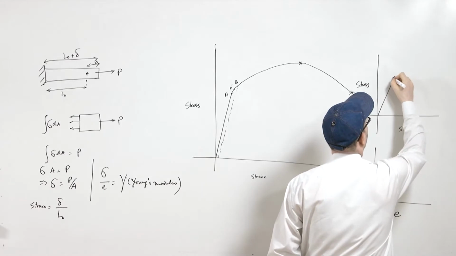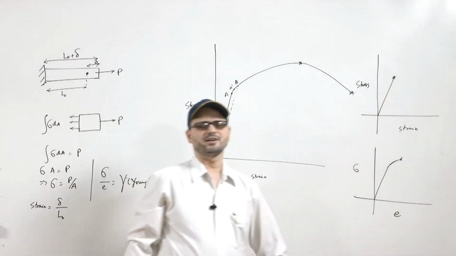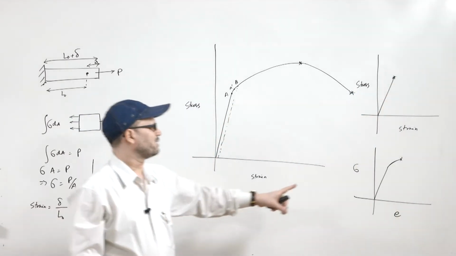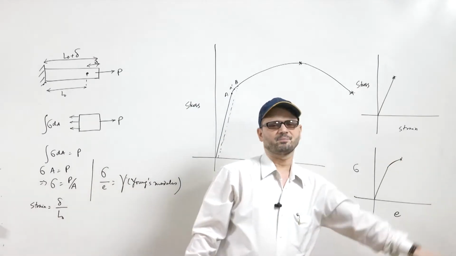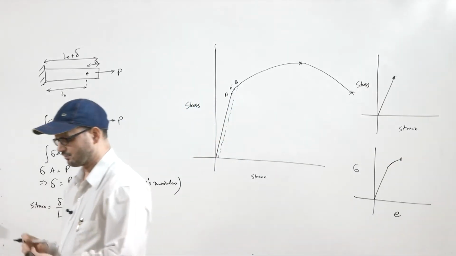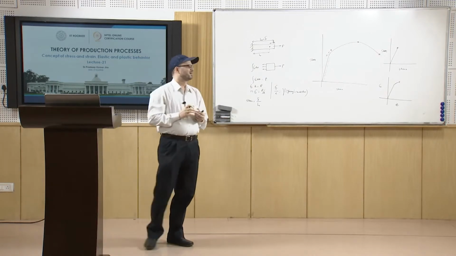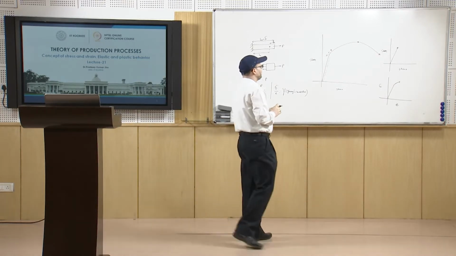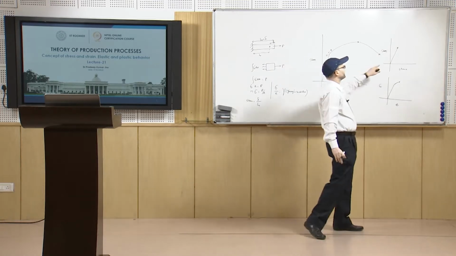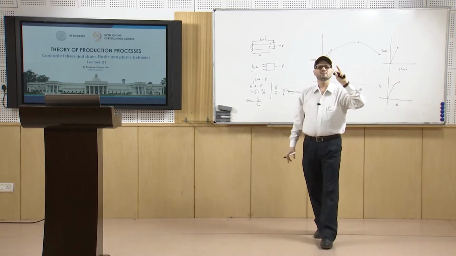So, it is fracturing here. The first is a completely ideal material, whereas with some ductility it will show this stress strain curve.